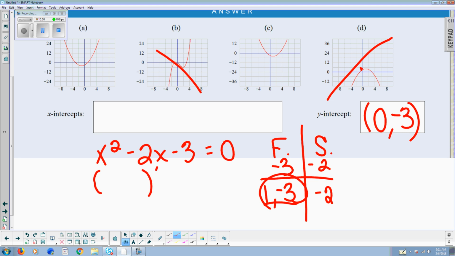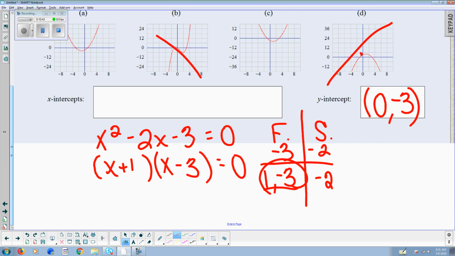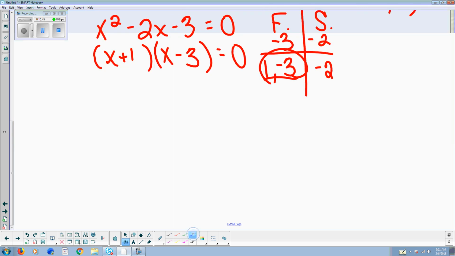So this factors into two binomials. The first binomial is going to get a +1. The second binomial will get a -3. Then according to the zero product property, if I multiply this factor times this factor and I get 0 for a product, then either of those factors could equal 0.